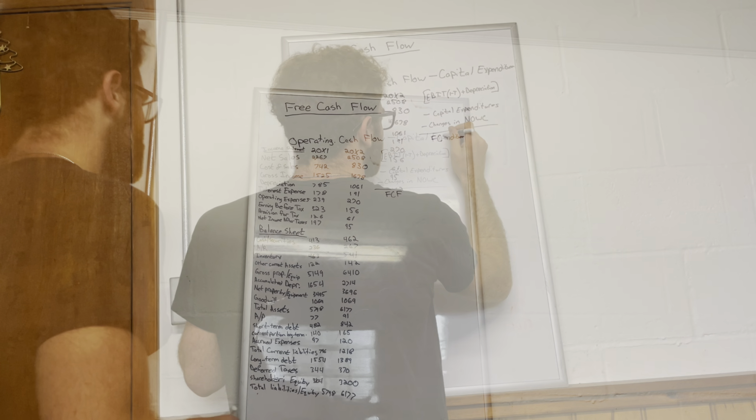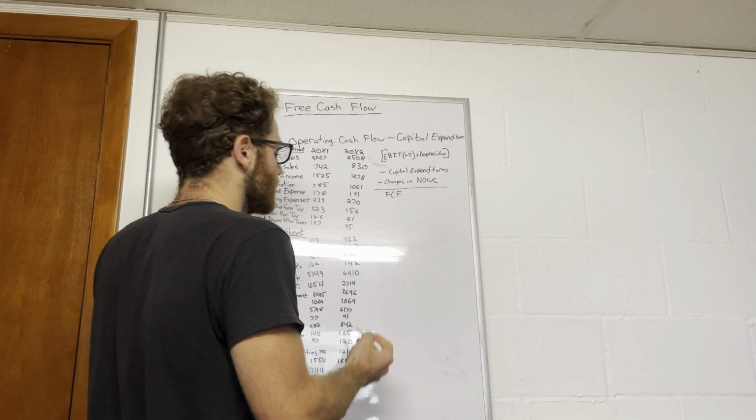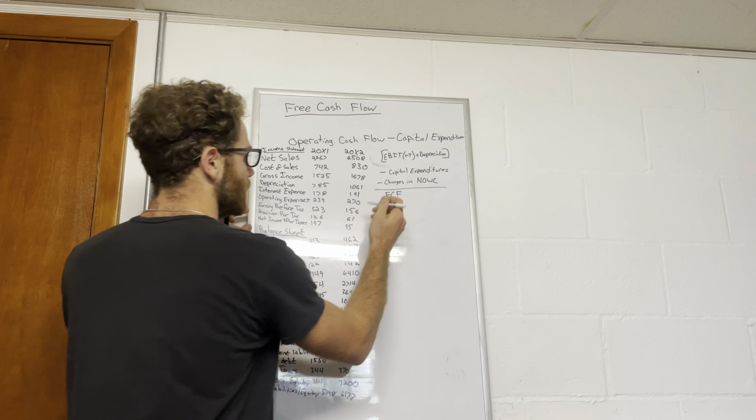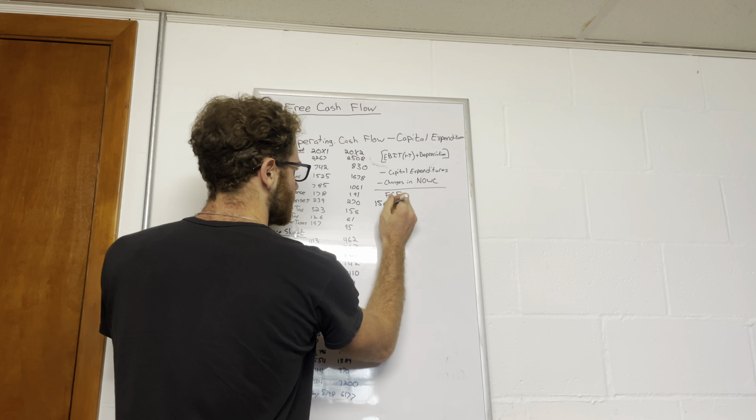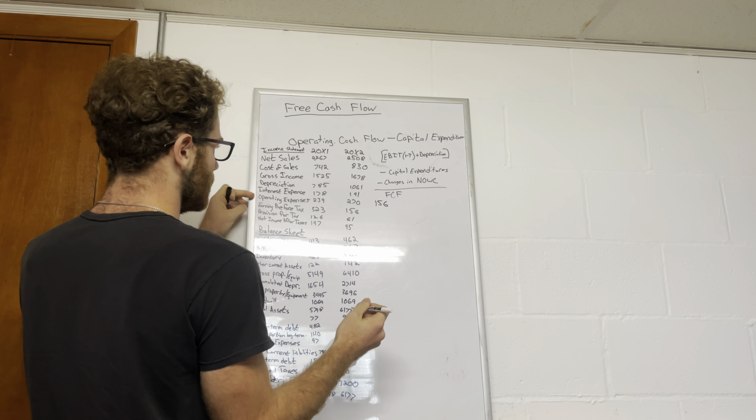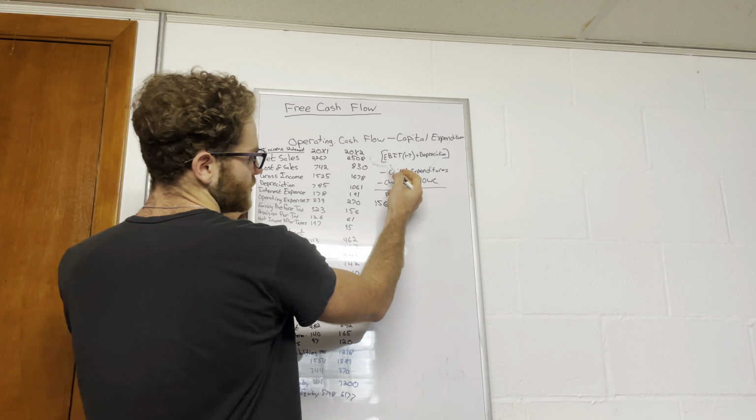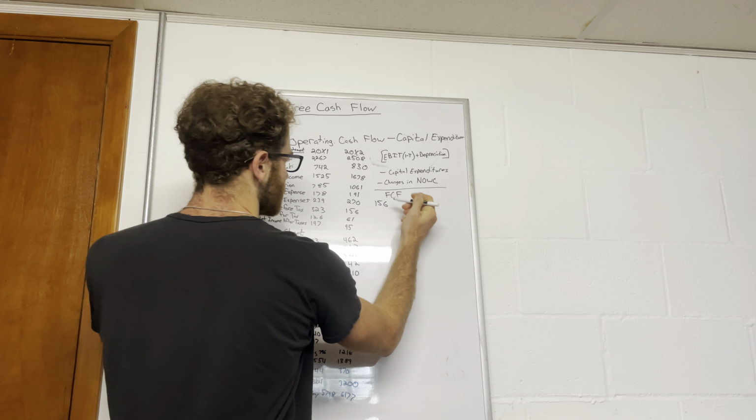You can then take your earnings before taxes of 156 and add back your interest expense, plus 178, because it's earnings before interest and taxes.